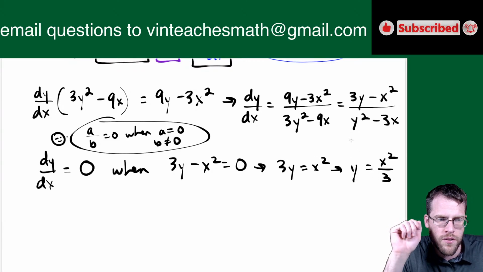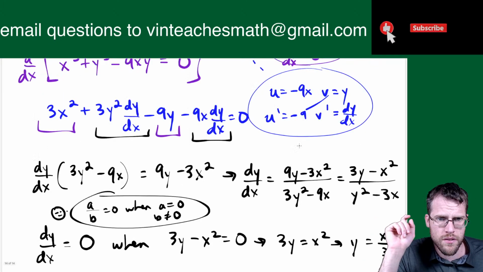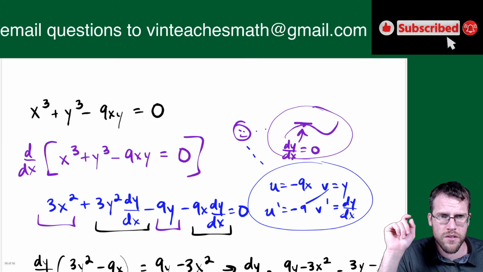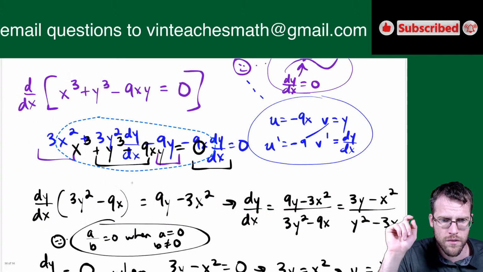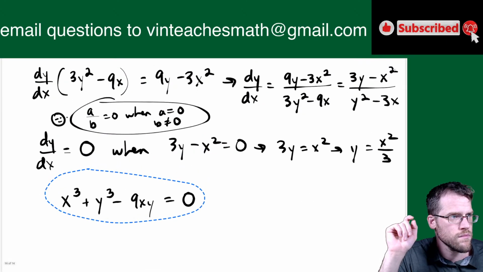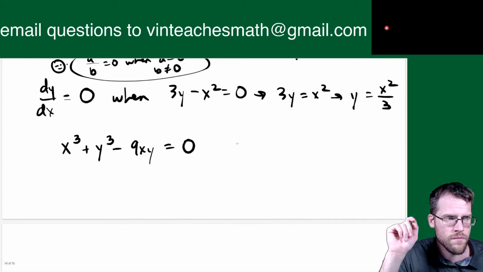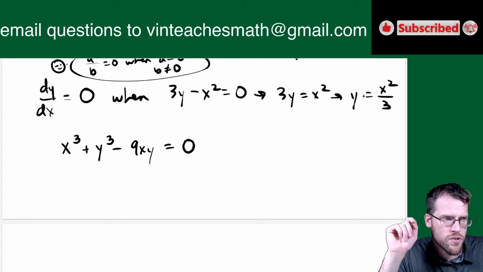Okay, so this is a big detail, because then what you do with this is you're going to take the original equation. So let me borrow this. All right, and you're going to solve this system by substitution.